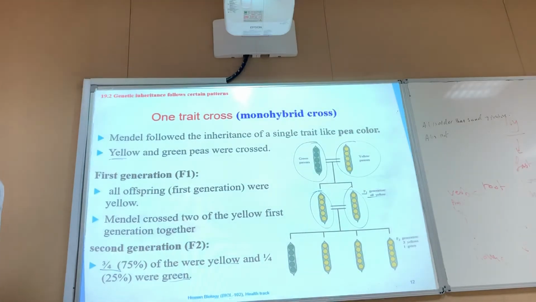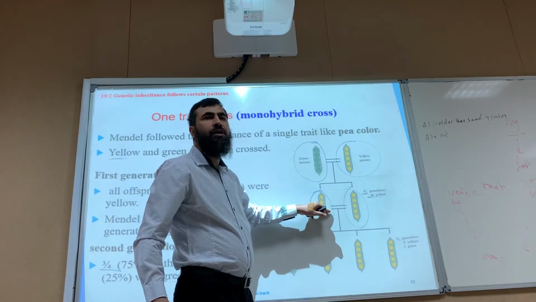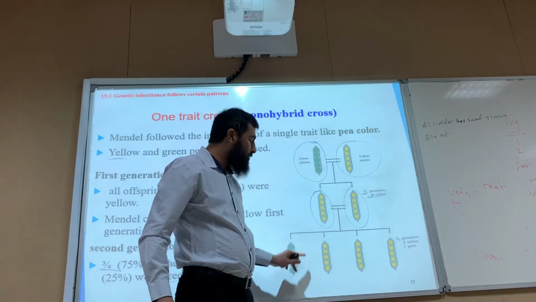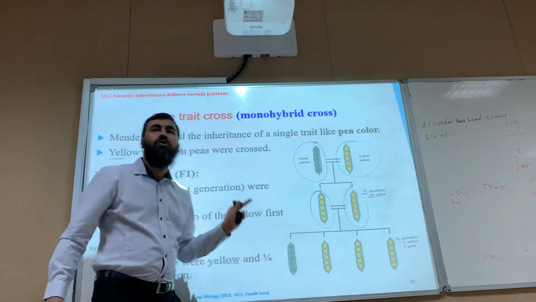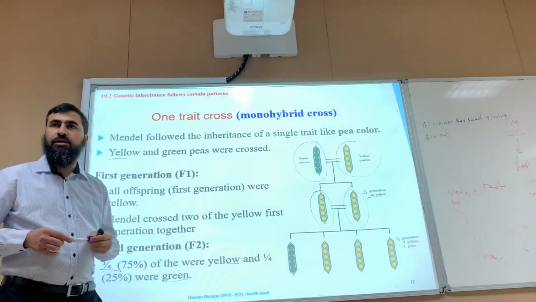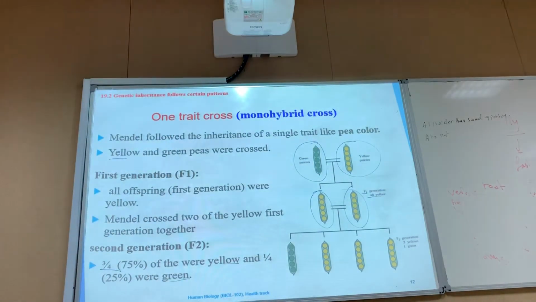When you start off with purebreds, you cross them, the first generation you get all yellow, and then in the second generation, the green appears again, in a ratio of 1/4. And the green now is recessive.